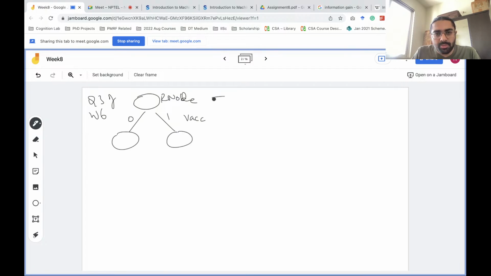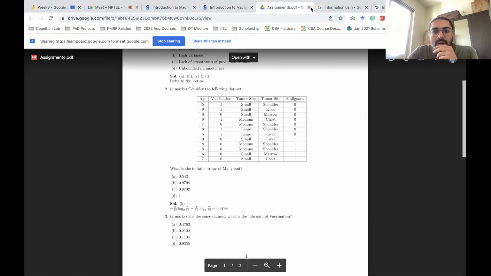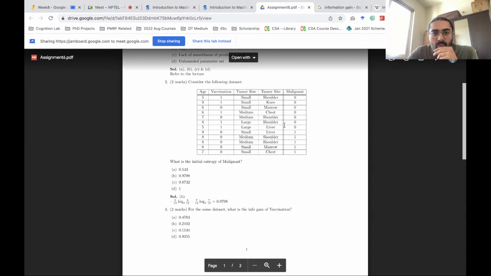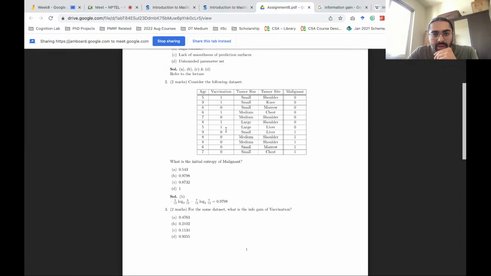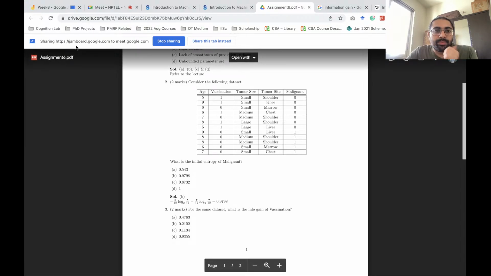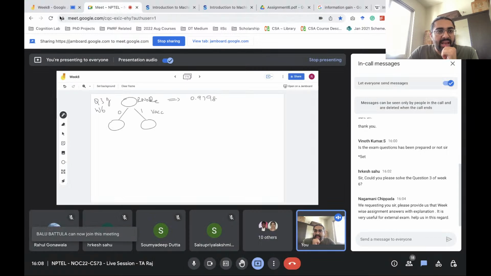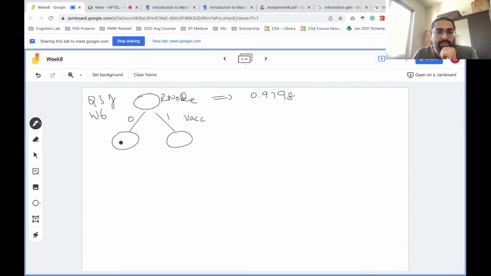Root node entropy is what you calculated in the second question, so 0.9798. Now when vaccination is 1, malignant is always 0, so you only have elements of 0 here. What is the entropy of this node? It will be just 0 entropy, right?